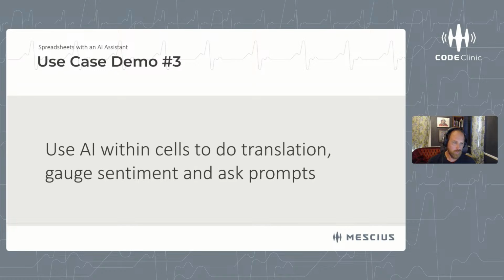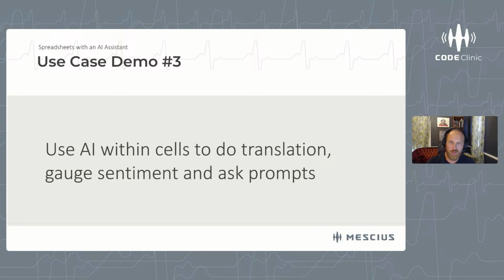We have one more use case here. Up until now, we've been focusing on higher level tasks, like having someone sit next to us, an expert helping us along the way. Now we're going to actually use AI at a more granular level. We're going to use it within a cell itself.